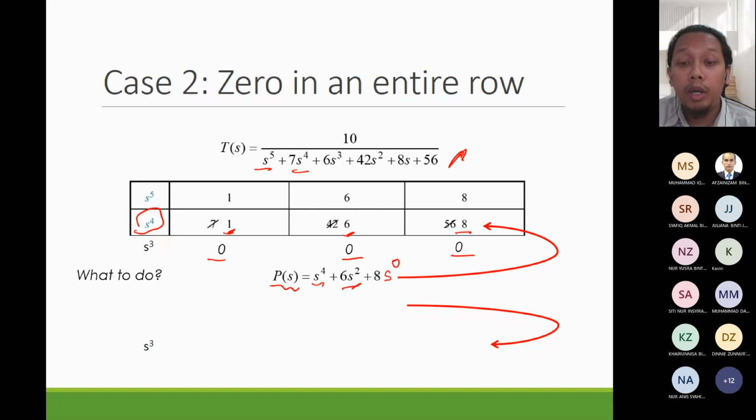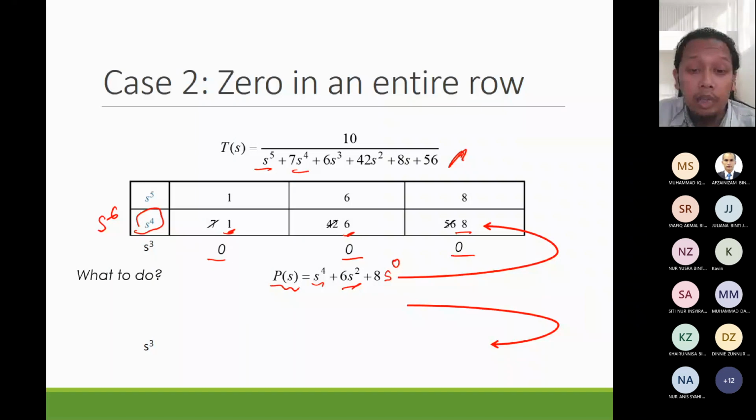Okay, so you reduce the power by 2. So let's say if this is row S6, you start with 1 times S power of 6 plus 6 times S power of 4 plus 8 times S power of 2, and so on. So you reduce by 2 power.